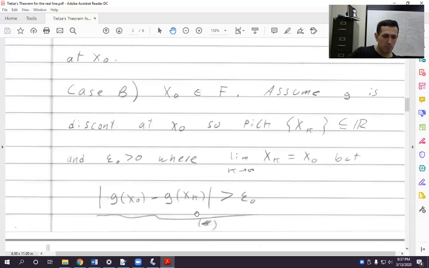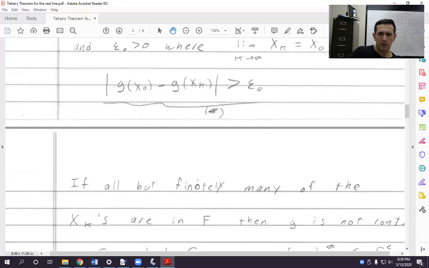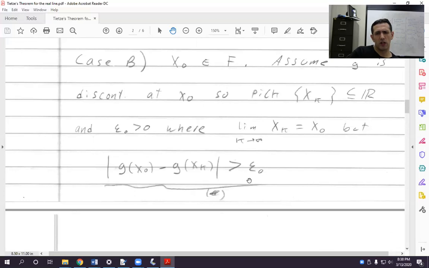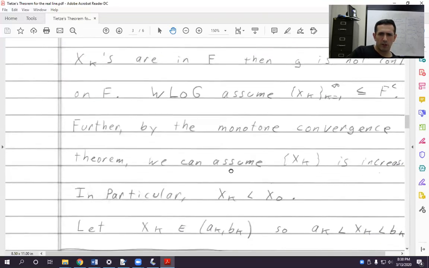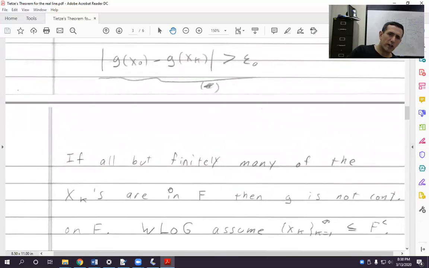Basically, we stick to the original notation for the sequence to keep notation manageable. And certainly if we can find a subsequence where this is false, then it's a contradiction. So right, if eventually all these are in F, we're done.